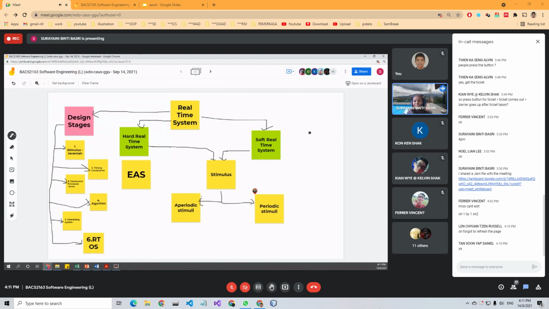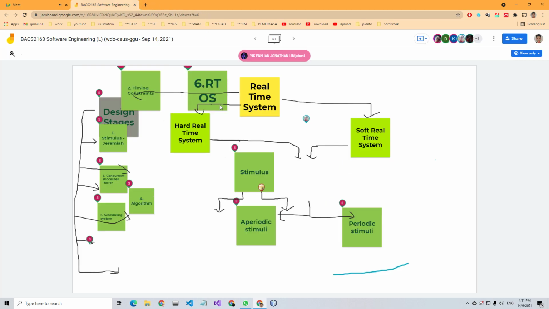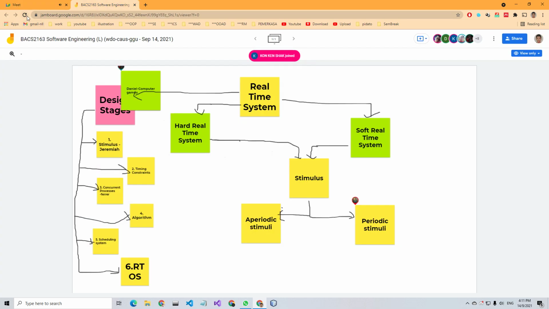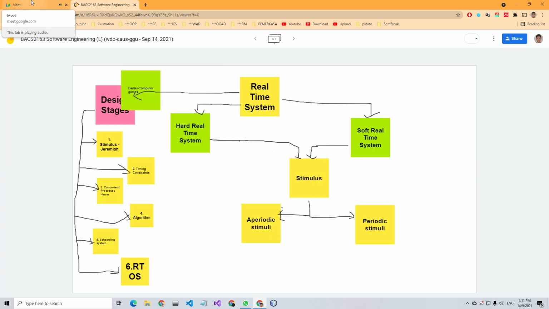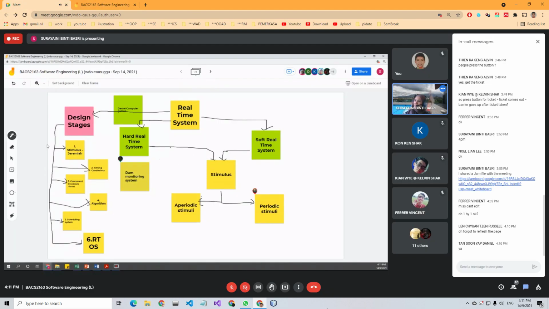What is the EAS? The games, yes. Them? What is them? Them monitoring system. Russell?